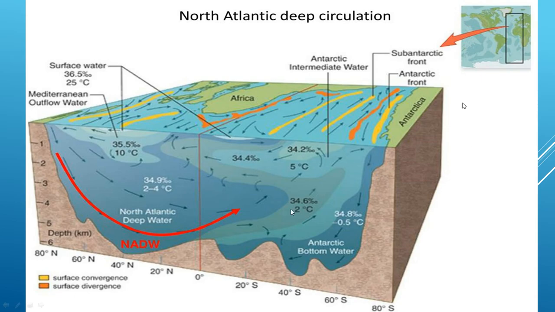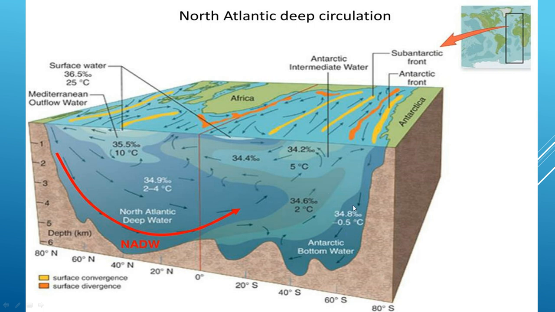And again, we see the upper circumpolar deep water and the lower circumpolar deep water. And they show you some values here, right? 34.9 parts, 2 to 4C, 35.5 parts, etc. So you can look this up.